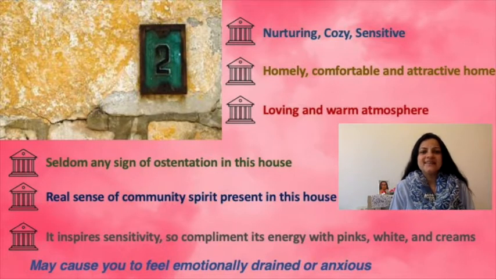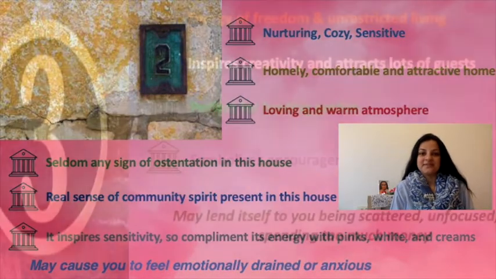There is seldom any sign of ostentation in this house. The sympathetic influence of number 2 gives an affinity and feeling for others, and there is a real sense of community spirit present in this house. This house inspires sensitivity, so complement this energy with colors like pinks, whites and creams.